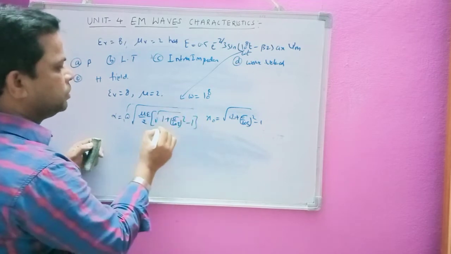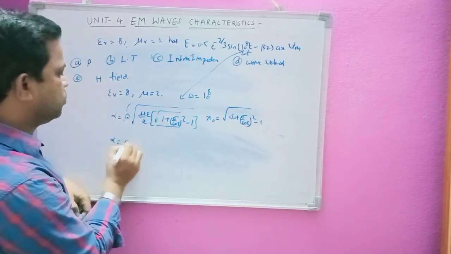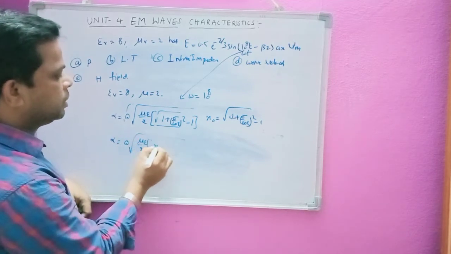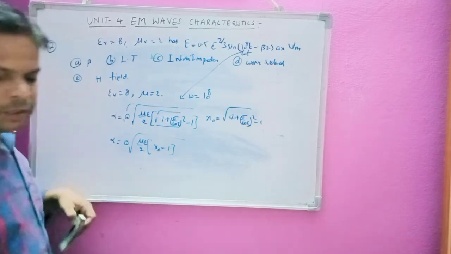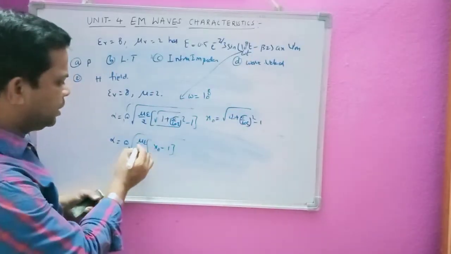Let us take the entire square root of 1 plus sigma by omega epsilon whole square as x naught. After taking that x naught, alpha is equal to omega into square root of mu epsilon by 2 into x naught minus 1. Similarly, we will get the beta value also. So let us keep the values here.